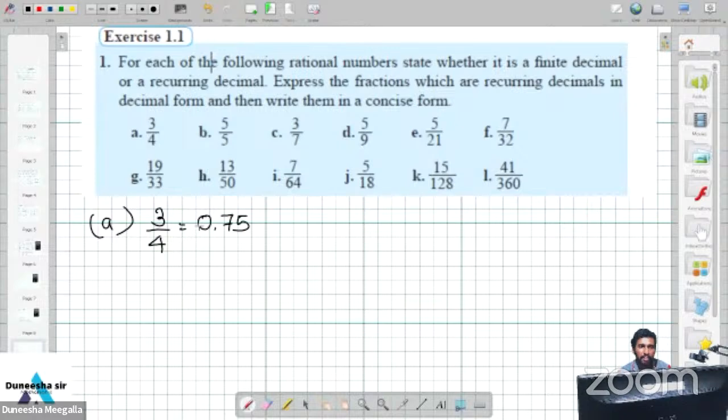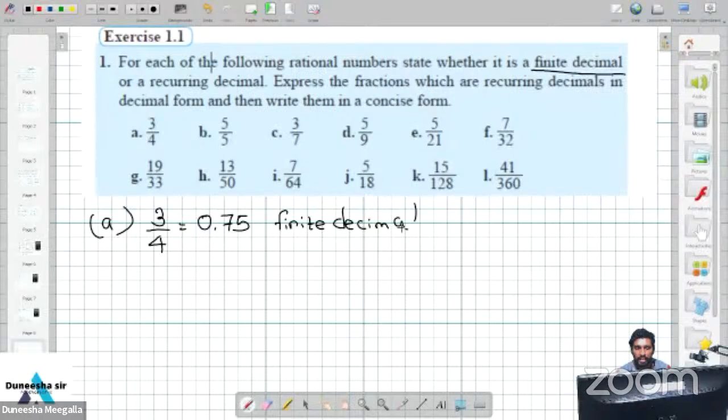0.75. Is it a finite decimal or a terminating decimal? We write it's a finite decimal. Second one, B, what is the form? 5 divided by 5 is 1.